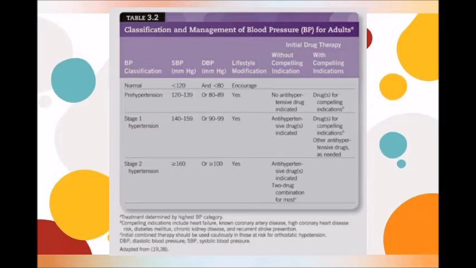The Joint National Committee on Prevention, Detection, Evaluation, and Treatment of High Blood Pressure, in the recently published 2014 evidence-based guidelines for the management of high blood pressure in adults, specifically doesn't address the classification of prehypertension or hypertension in adults, but rather recommends thresholds for pharmacologic treatment.